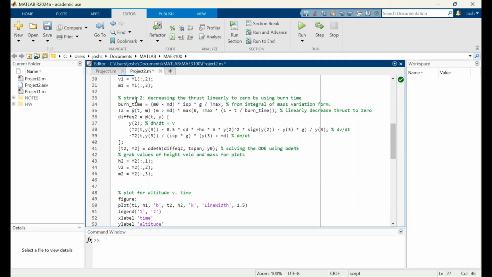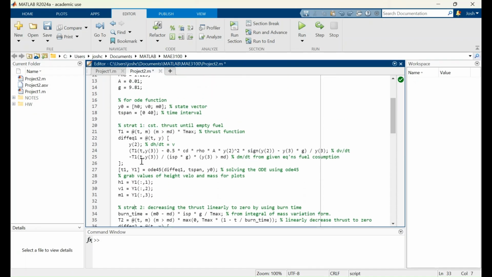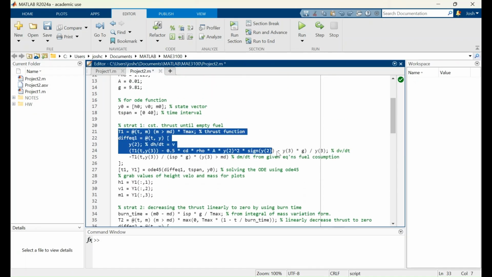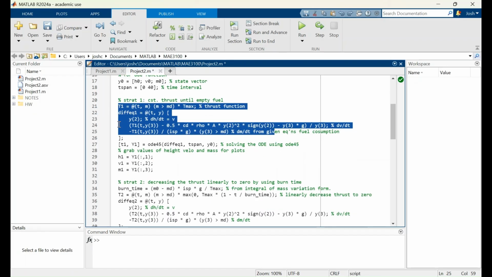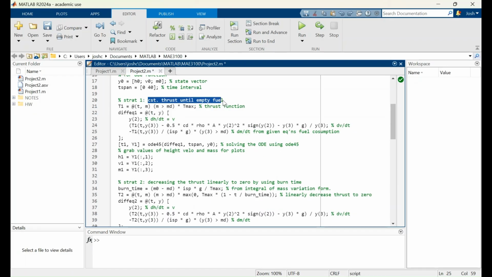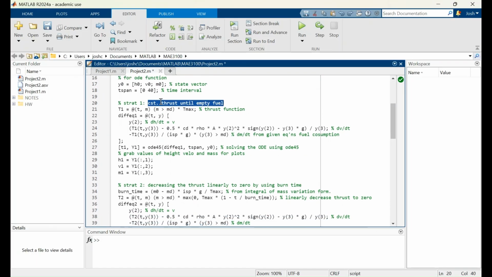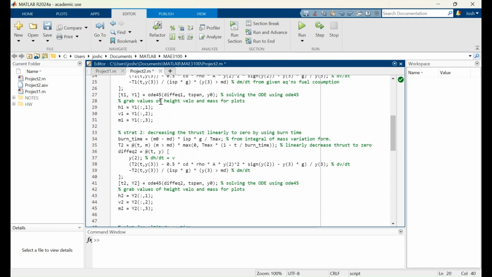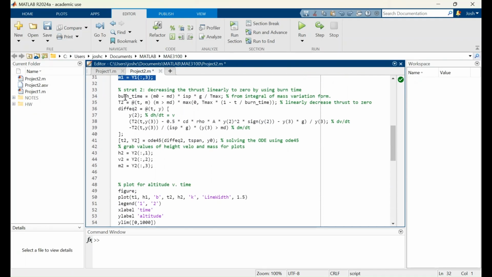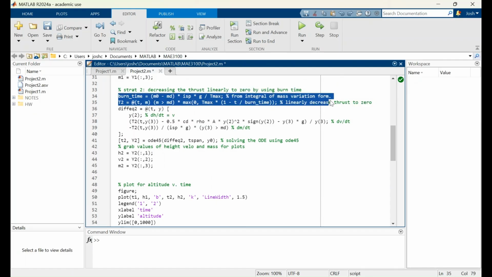Our second strategy is the same kind of methodology, except we're changing how we do this. All this is the same too, but it's different in that we have this formula we made called burn time, and all it is is integrating our mass variation formula.